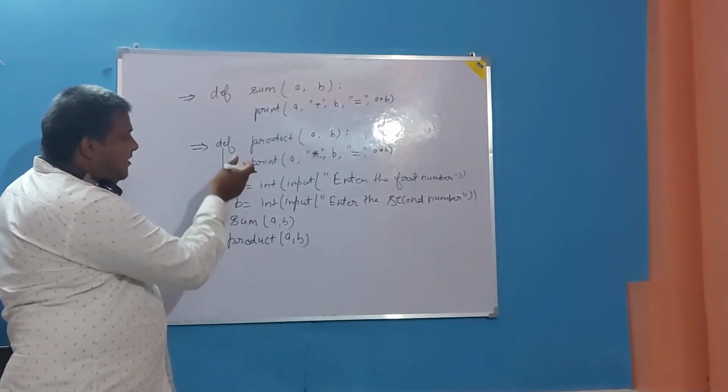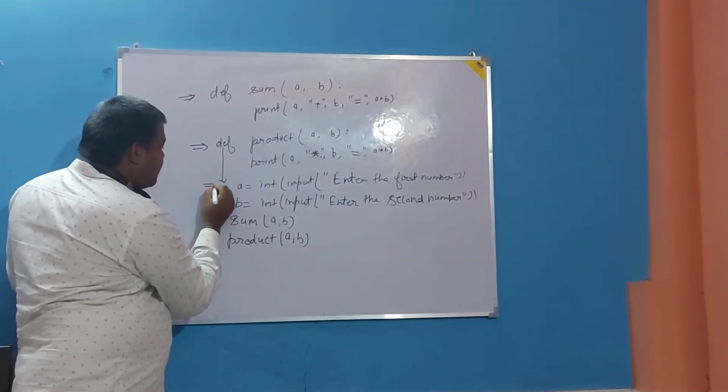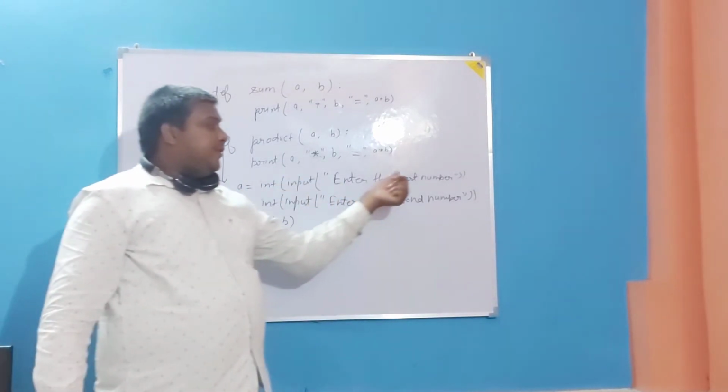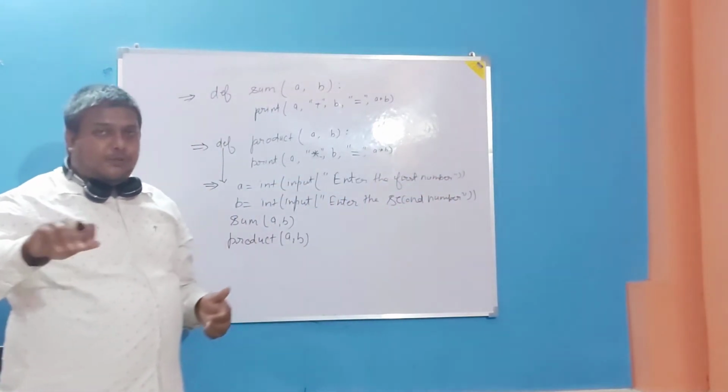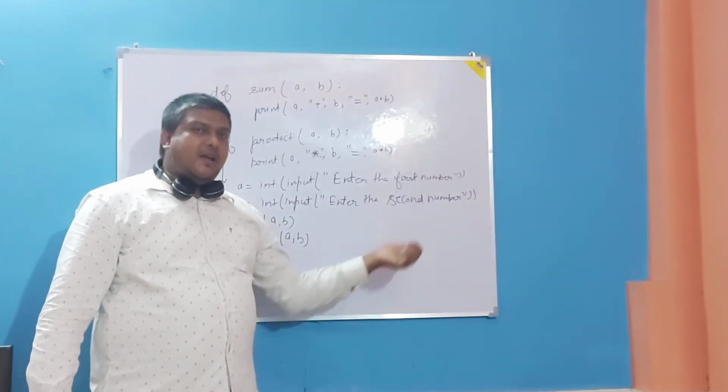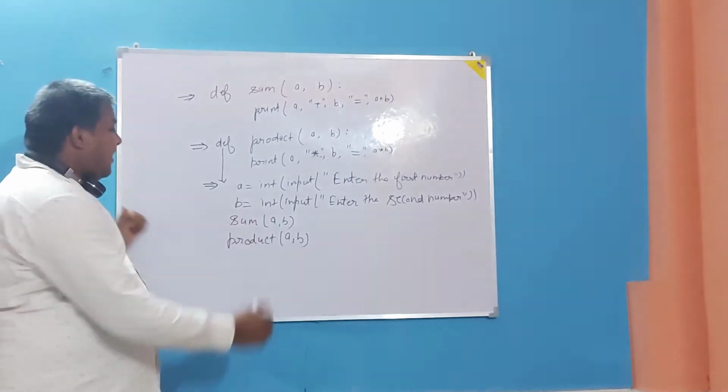Again it gets a definition, it will again come here, and the execution will start from here. First the computer will ask, enter the first number, then we have to enter the integer, then again it may ask, enter the second number, then again we have to give a value, and then this function is called.